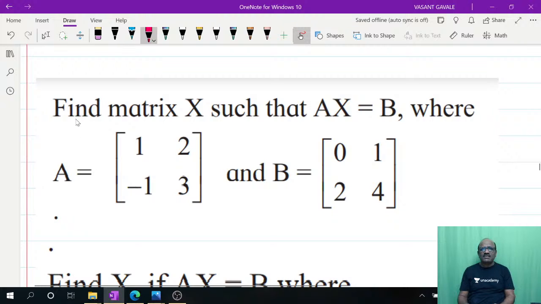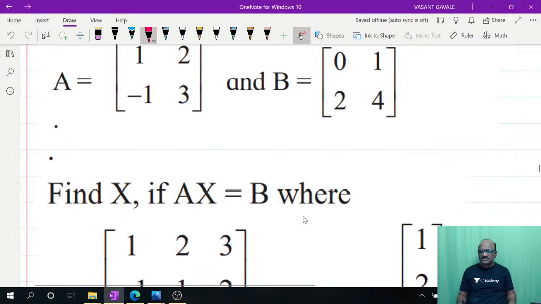Next question, see. Find the matrix X such that AX is equal to B, where the matrix A is [1 2; −1 3] and B is [0 1; 2 4] in this way.